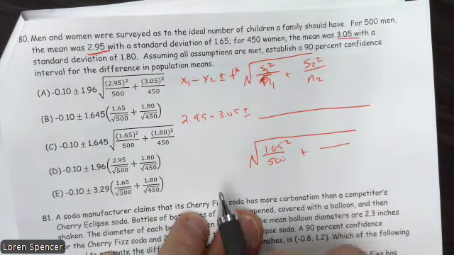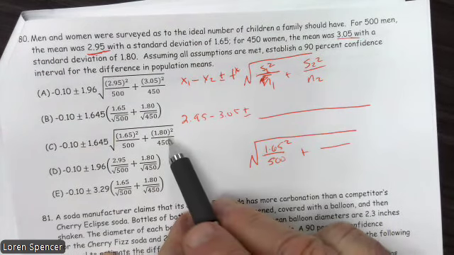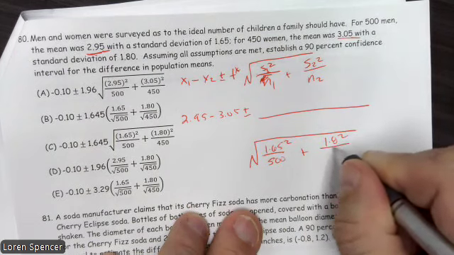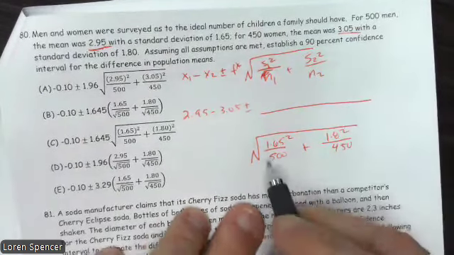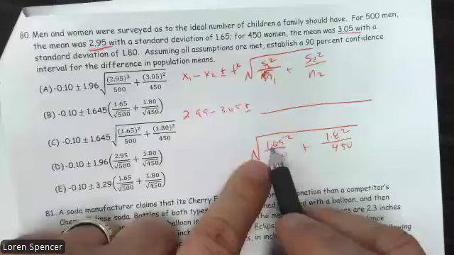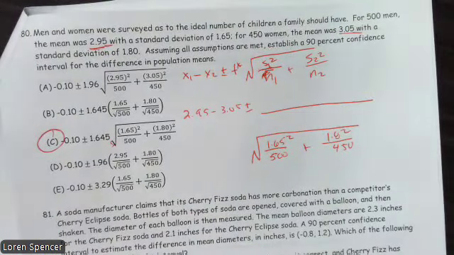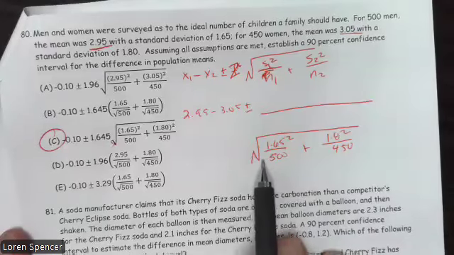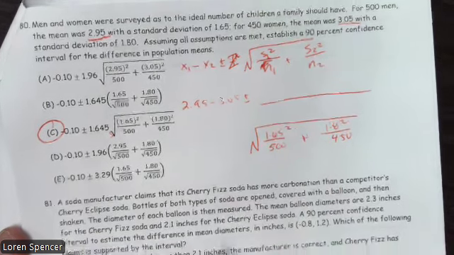Plus, for women, we had 1.8 squared, and we had 450. All right, the only one that has it written like this is C. All right. And they actually did this as a Z test, which is probably not correct, but they did it as a Z test. But 1.65 squared over 500 plus 1.8 squared over 450. All right.